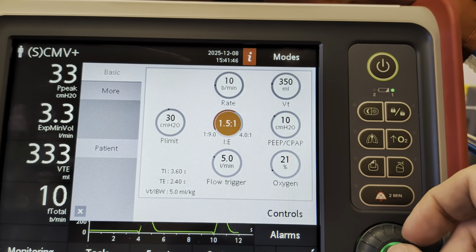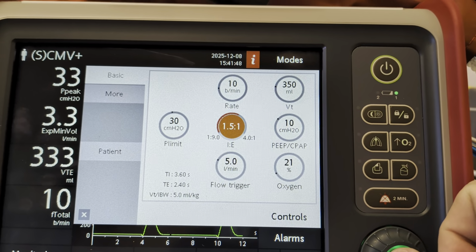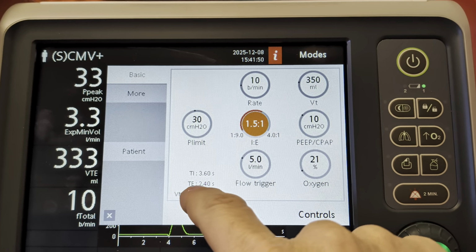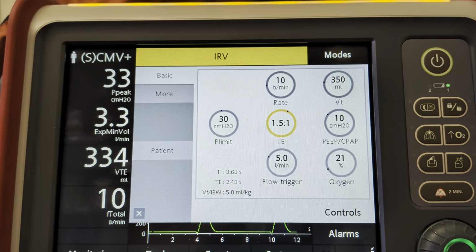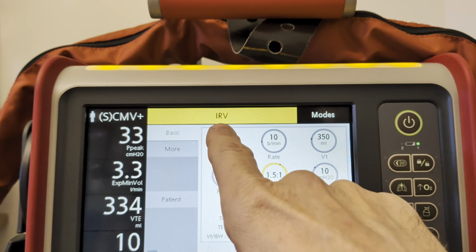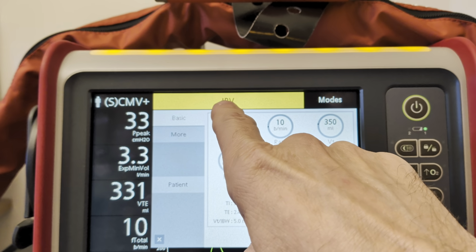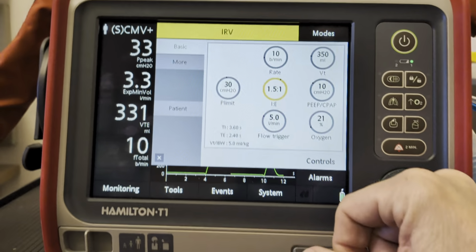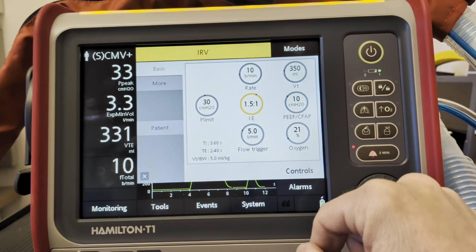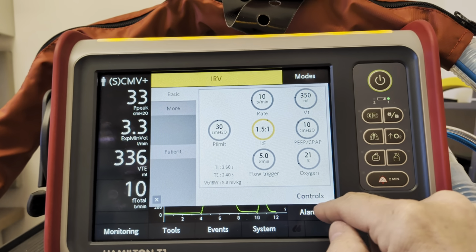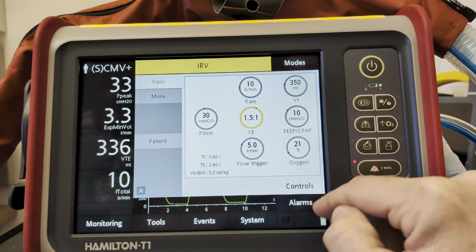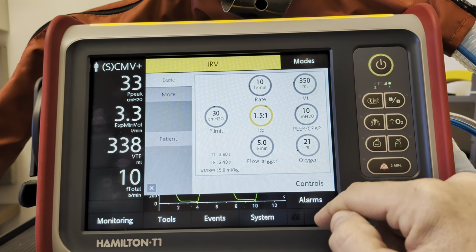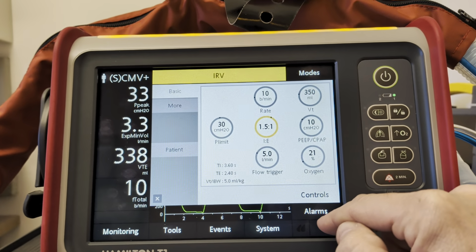The problem with this is that it gives me far less time to exhale. My expiratory time is low, okay? And it even gives me an alarm, IRV, saying I'm now in inverse ratio ventilation. The problem with inverse ratio ventilation is that it may impair the patient's ability to exhale. All right, particularly if there's any obstructive pathology going on.